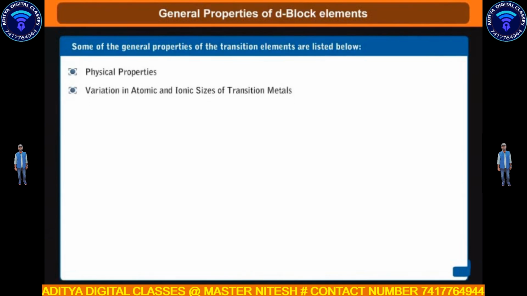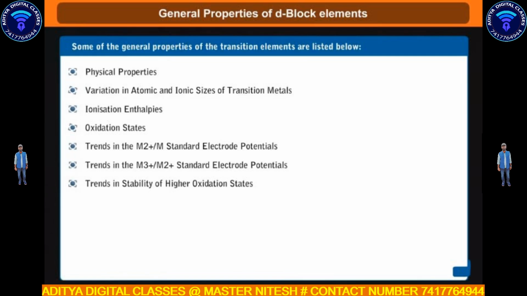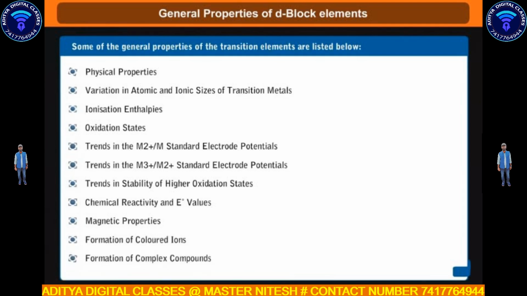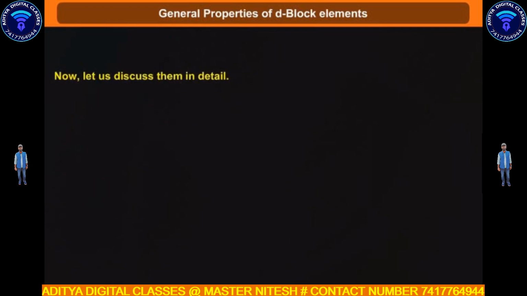Physical properties: variation in atomic and ionic sizes of transition metals, ionization enthalpies, oxidation states, trends in the M2+/M standard electrode potentials, trends in the M3+/M2+ standard electrode potentials, trends in stability of higher oxidation states, chemical reactivity and E° values, magnetic properties, formation of colored ions, formation of complex compounds, catalytic properties, formation of interstitial compounds, alloy formation. Now, let us discuss them in detail.